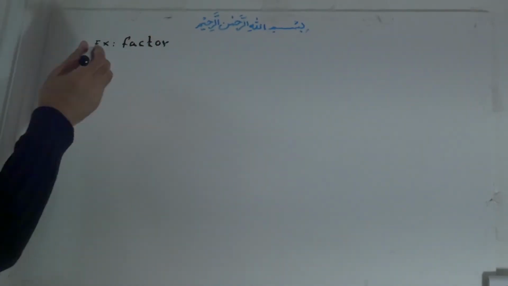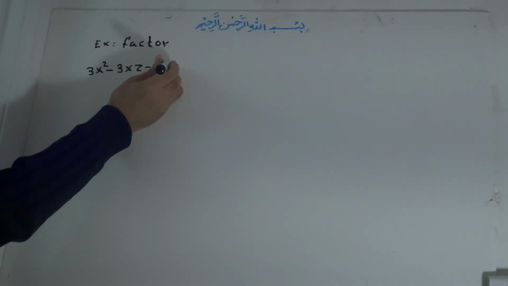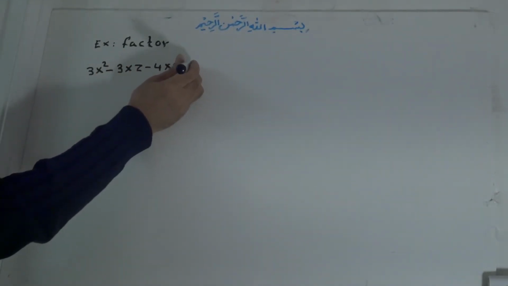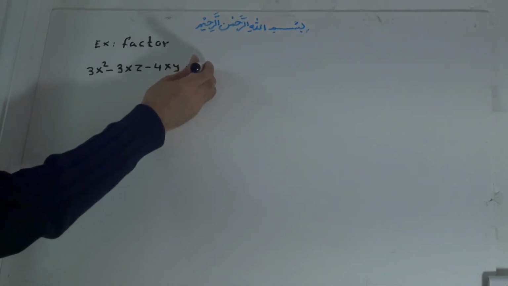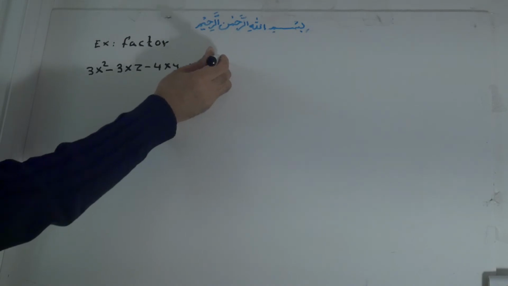Factor means factor the following expression. 3x to the power of 2 minus 3xz minus 4xy plus 4yz.